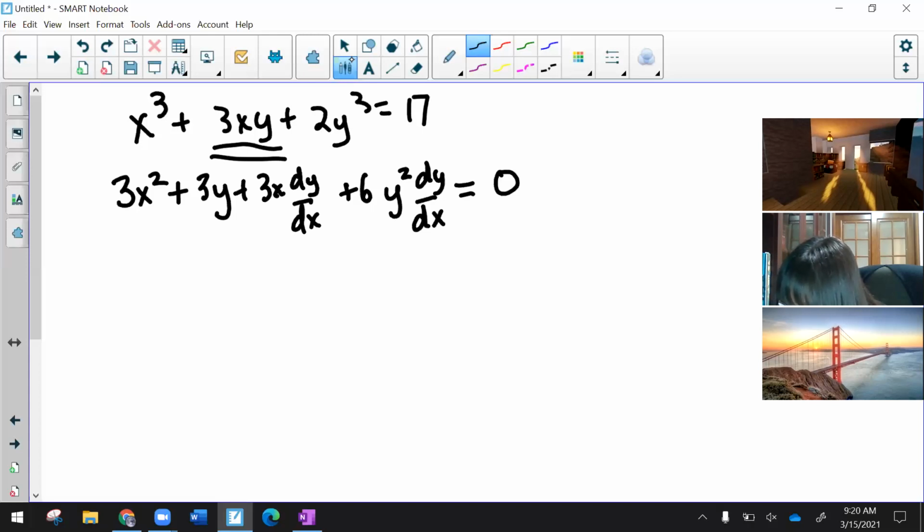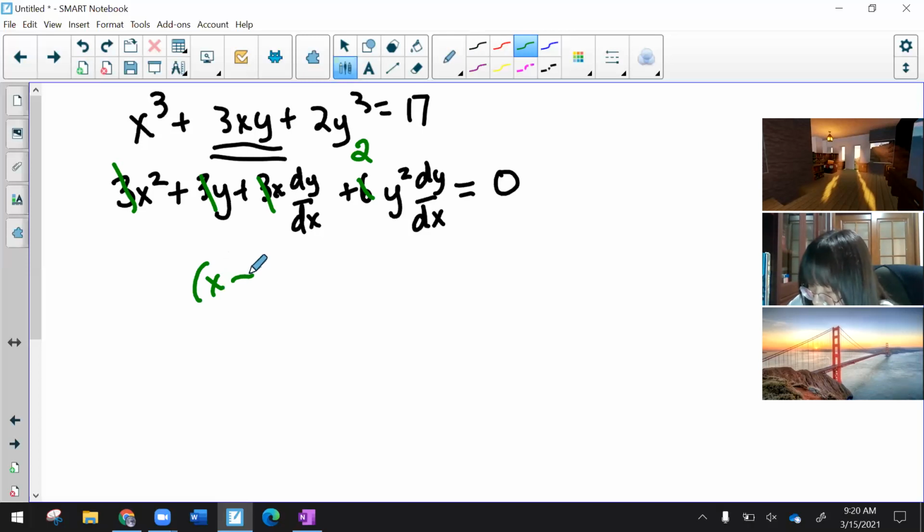Okay, do you get something that looks like that? Okay, and then we can cancel out a bunch of 3's and make that a 2. And then you get all the terms that have dy dx on one side, and all the terms that don't on the other.